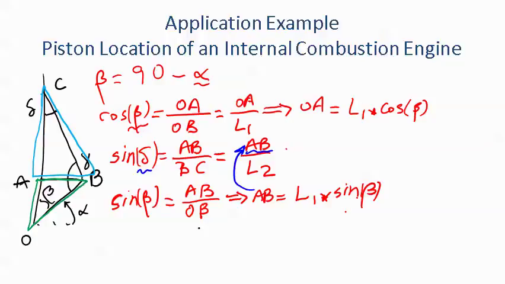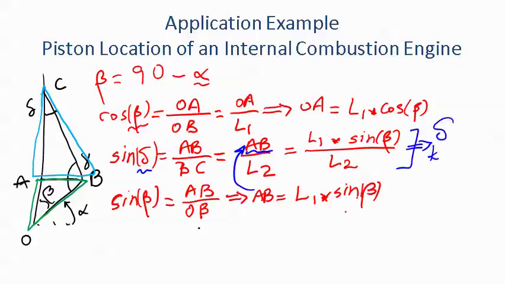So if we substitute this expression, this turns out to be L1 times sine of angle β divided by L2. So this expression here for sine of delta, on the right hand side it has all known quantities. And from here we can use the inverse of the sine and find the angle delta. So at this stage, angle delta becomes known.